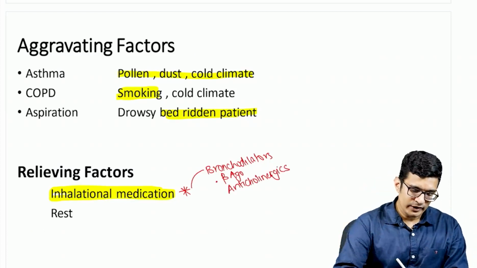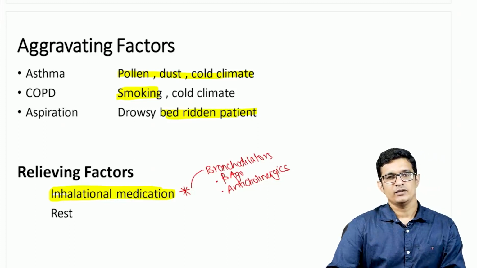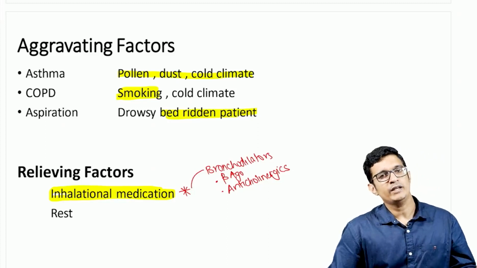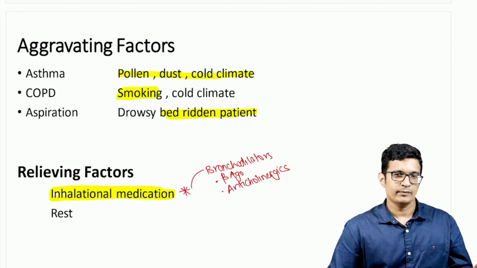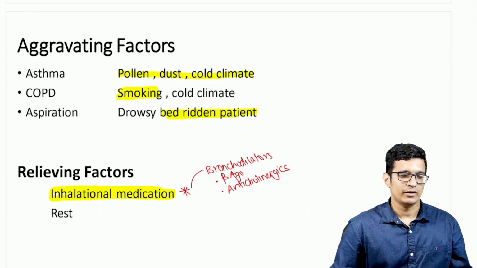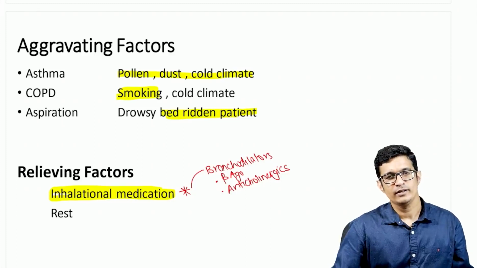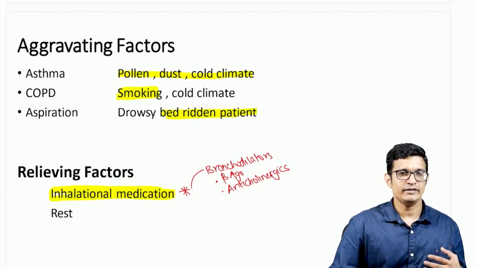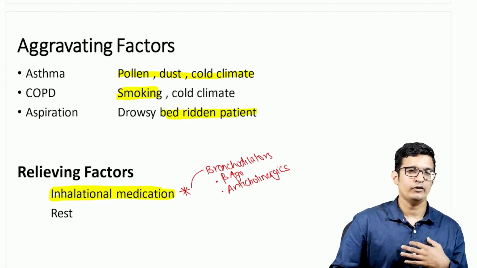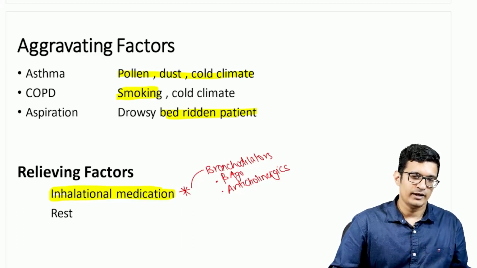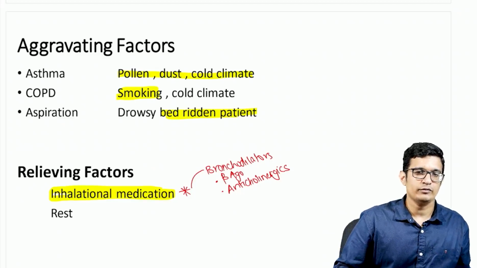And one simple point that we need to understand is breathlessness in COPD responds better to anticholinergics, and breathlessness in bronchial asthma responds better to beta agonists. One of the reasons they postulate is that COPD is predominantly a disease of large airways, because COPD primarily involves the major bronchus and the major bronchioles, and bronchial asthma is a disease of small airways.